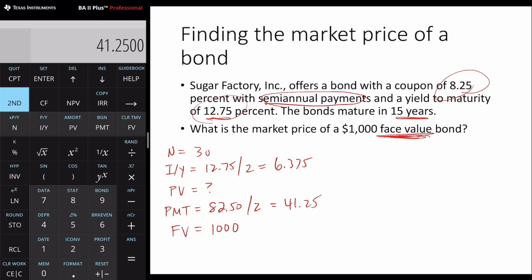matures. And that's another important thing to recognize about how bonds are different from, say, a mortgage loan or an auto loan. And that is, in a mortgage loan, each payment consists of both principal and interest. In other words, the principal is amortized throughout the life of the loan. But that is not the case for corporate bonds.